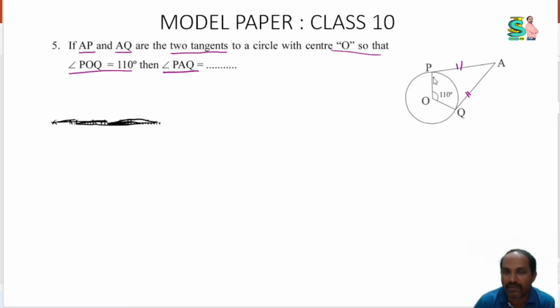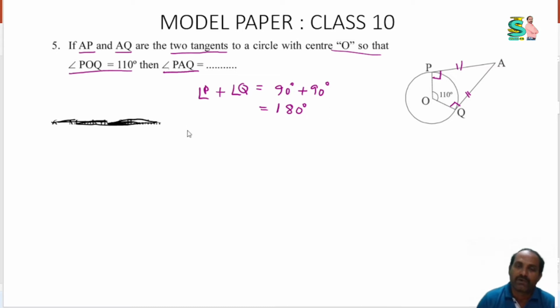Already we know that the angle between the tangent and the radius at the point of contact is 90 degrees. That's why angle P plus angle Q is equal to 90 plus 90, which means 180 degrees.